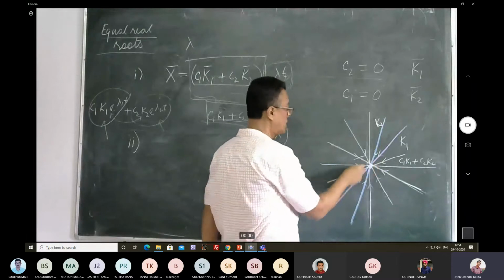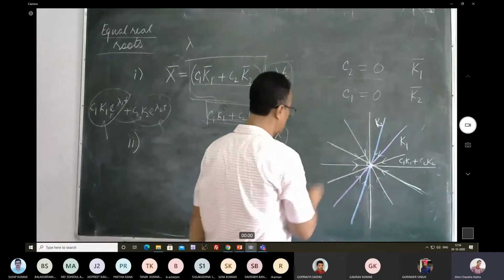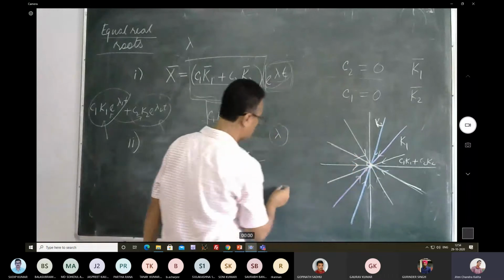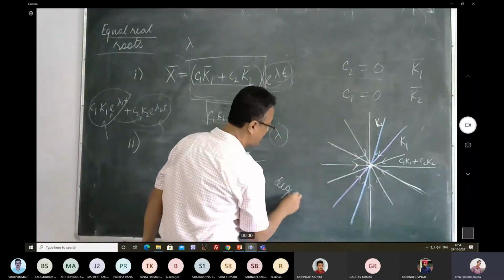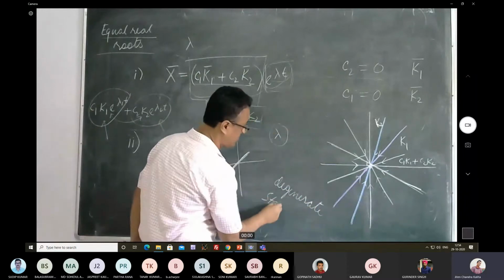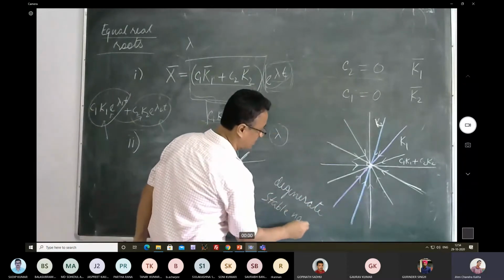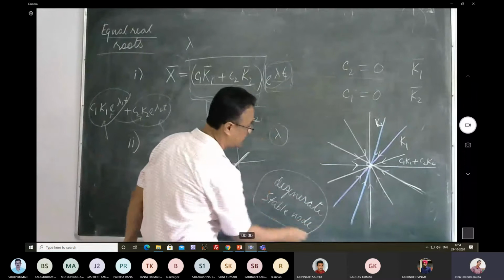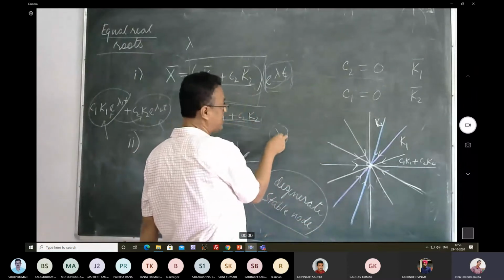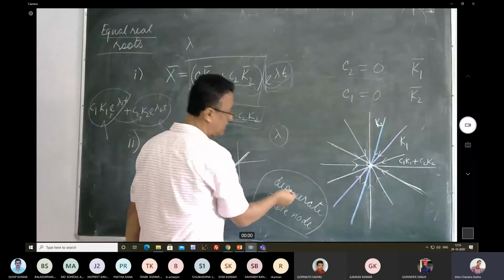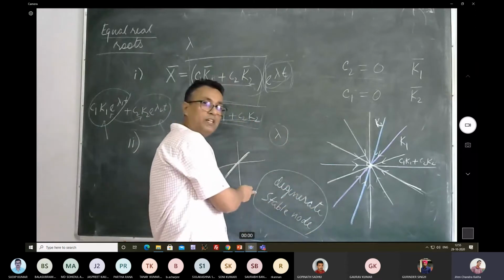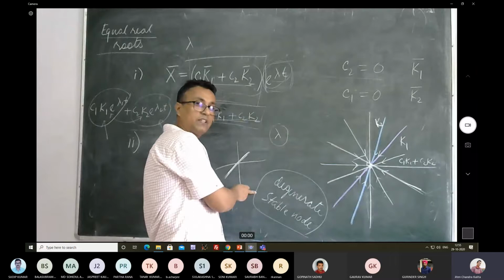If lambda is negative, this point 0 is called a degenerate stable node. And if it is divergent, when lambda is greater than 0, this is called a degenerate unstable node.